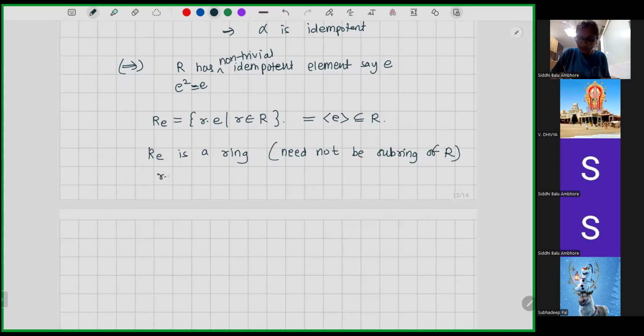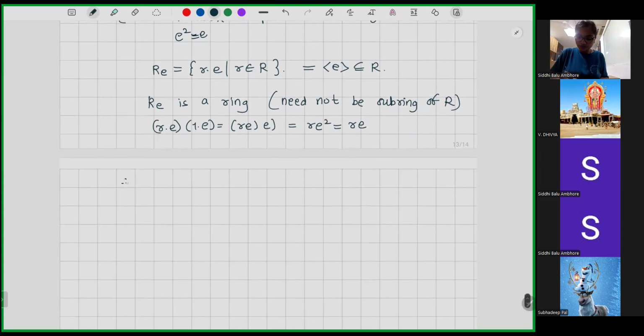Note that r into E is r E square. When I multiply this by E, it is RE into E, so RE square. So it is RE because E square is E. Therefore, RE is a ring. It satisfies addition and product property.